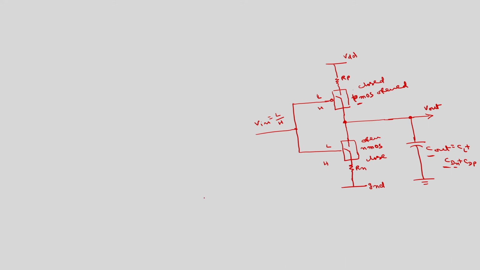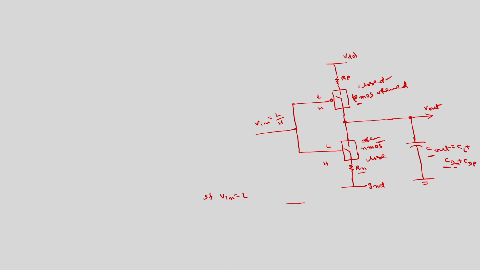Now, if input V in is equal to low, what is the equivalent circuit? So, low means this will be closed, this will be opened. Okay. Opened means this resistance will not come into picture.